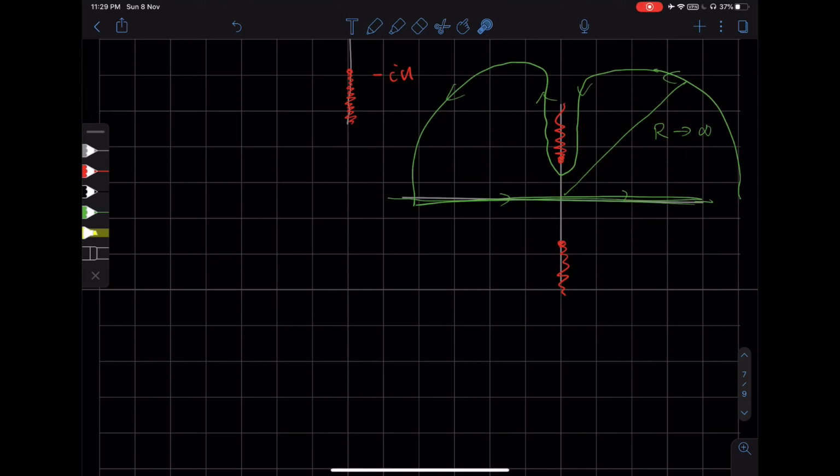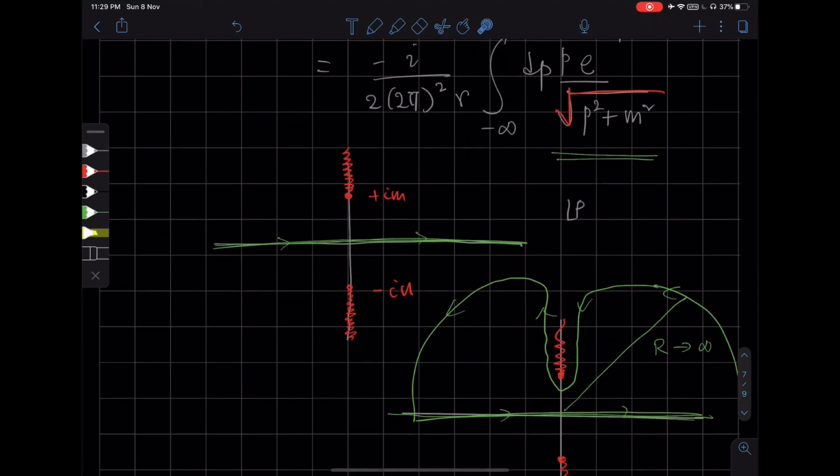In other words, the integral over the real line and the integral over this bit would add up to 0. And therefore, using path independence, we can deform it to be an integral over the contour which goes like this. So we can deform it continuously to this contour, and this would not change the value of the integral. So if I do this, then I can write the integral in the following form.